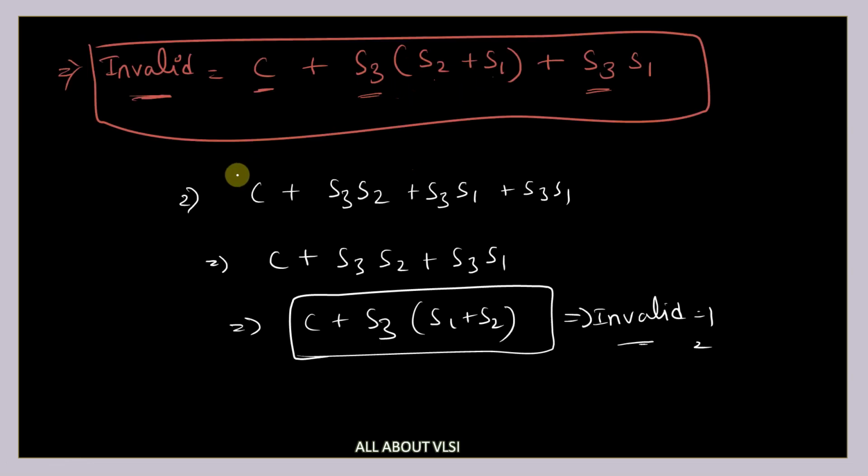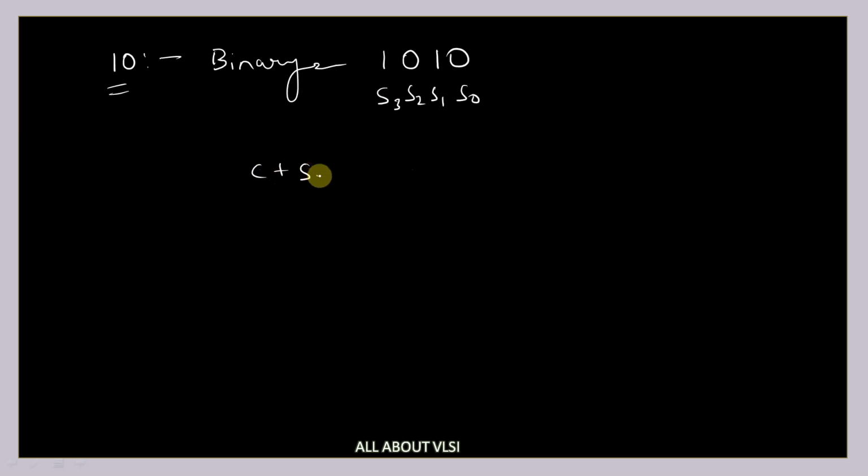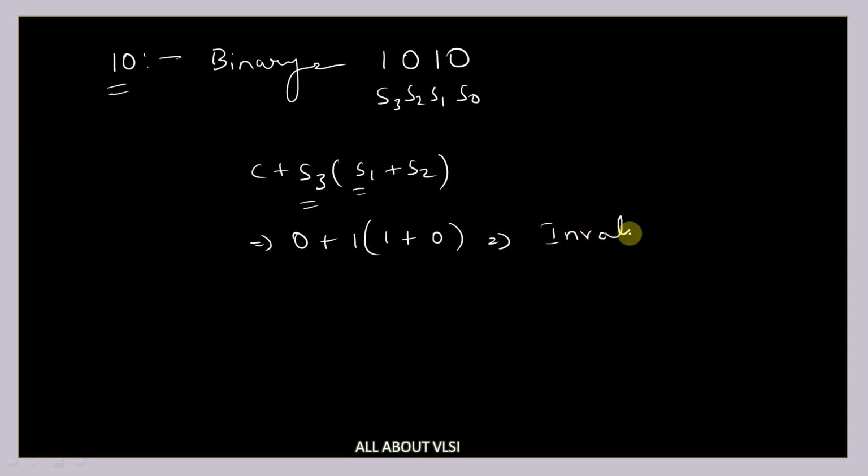How do you represent 10 in binary? You represent it with 1 0 1 0, which is S3, S2, S1, S0. The equation we have got is C plus S3 into S1 plus S2. Substituting, C is 0, S3 is 1, and S1 is 1, plus S2 is 0. So you are getting invalid equal to 1. So it is an invalid code.